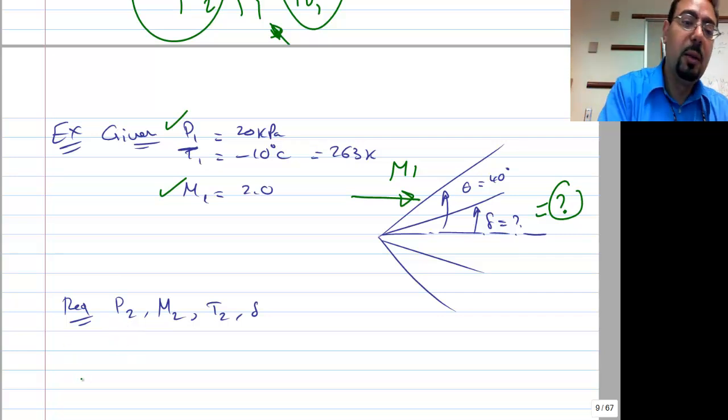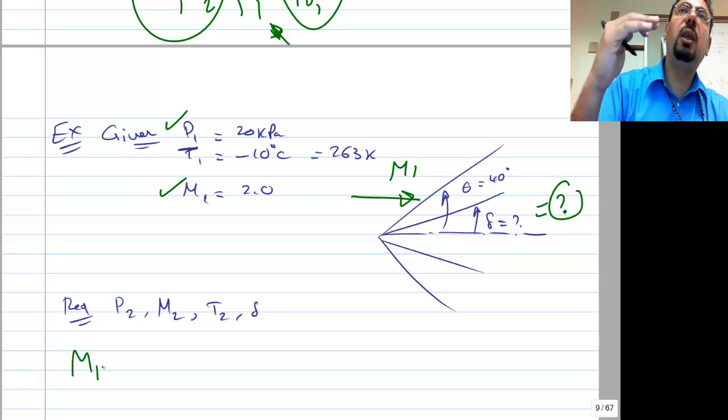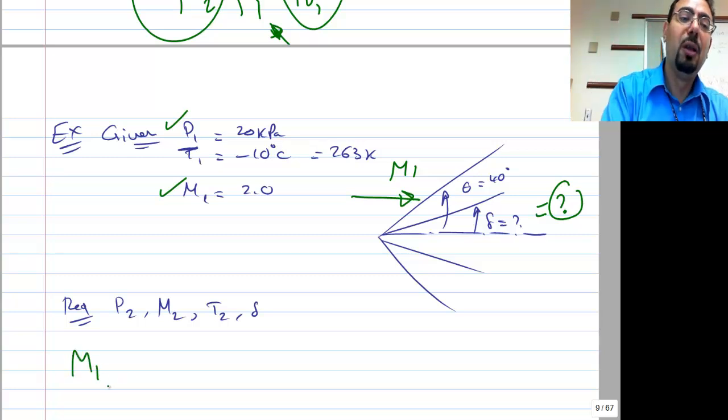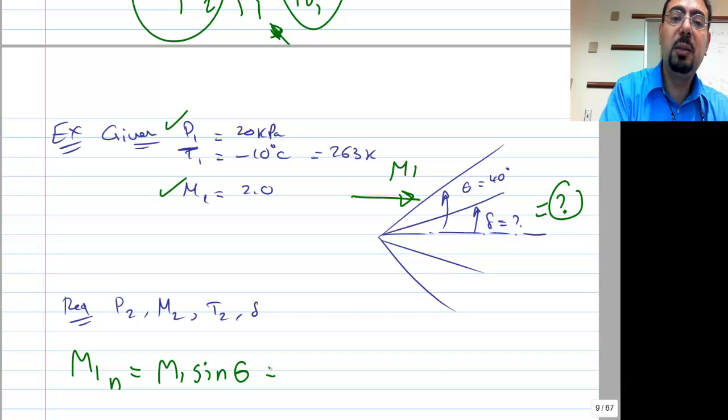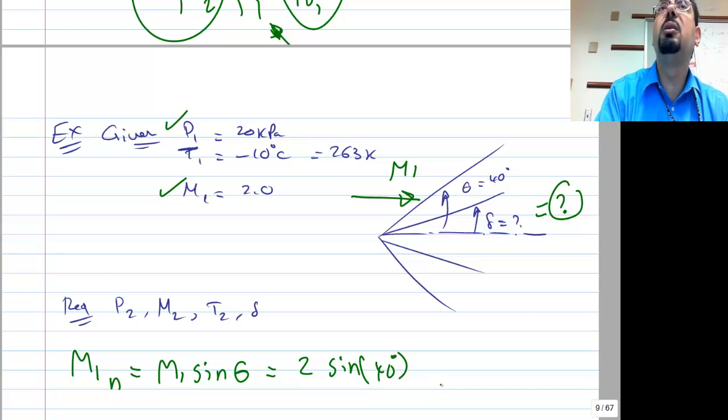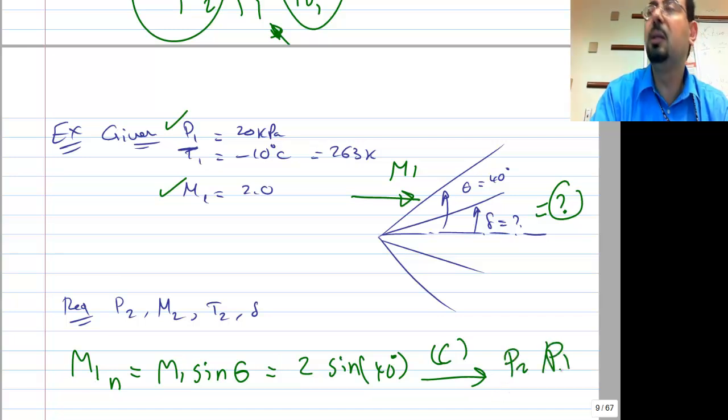M1 cosine 40 degrees. No, you are saying M1 sine. Or sine. So first you will get M1 normal as M1 sine theta, right? M1 sine the 40 degrees. Alright, and then what do you do once you get that number? Use table C with this M1 normal. And this will allow you to get P2 over P1.